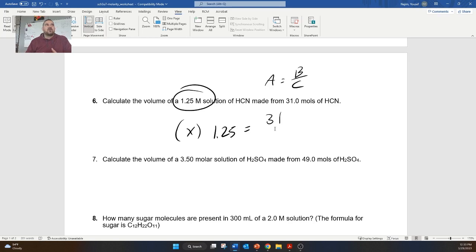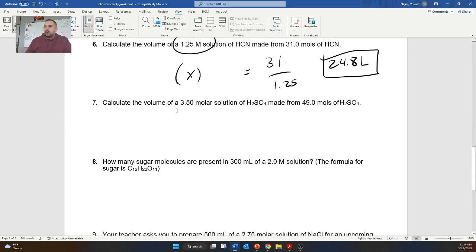And how do we solve from here? Divide both sides by 1.25. And then somebody plug that in. 24.8, and what's our unit? Liters. So anytime you calculate volume, what you're pulling out is liters. Anytime you calculate moles, you're pulling out moles, and molarity is going to be molar.